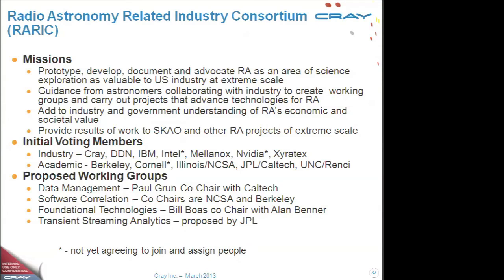So now I want to mention a little bit about the US. The US astronomy community was really very upset that the US decided to back out in 2010. And as a result, there were a number of astronomers who wanted to continue, at least to be working in the field at this kind of scale.